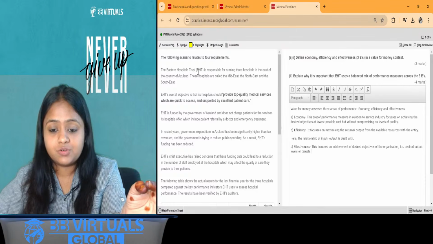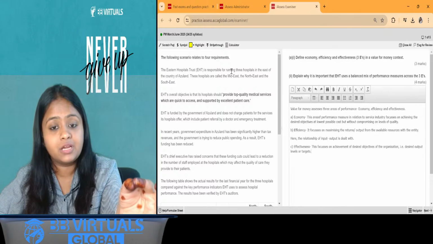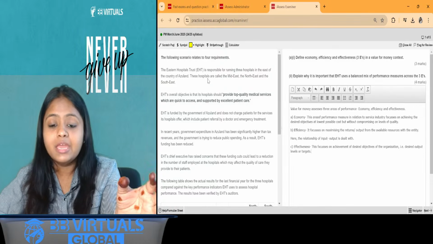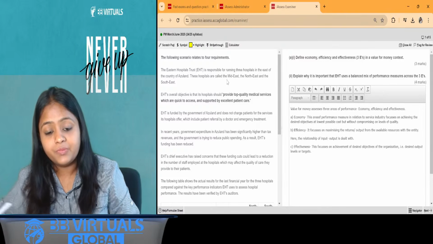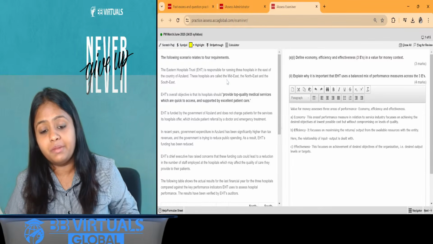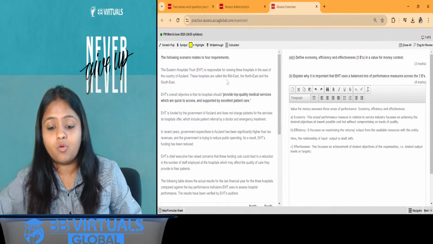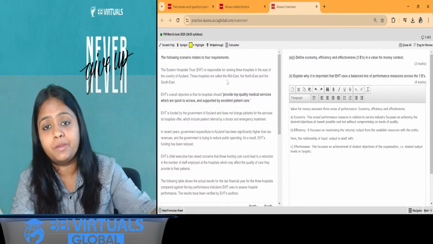Eastern Hospitals Trust is responsible for running 3 hospitals in the east of the country of Azuland. These hospitals are called Mid-East, Northeast and Southeast. EHT's overall objective is that its hospitals should provide top quality medical services which are required to access and supported by excellent patient care.